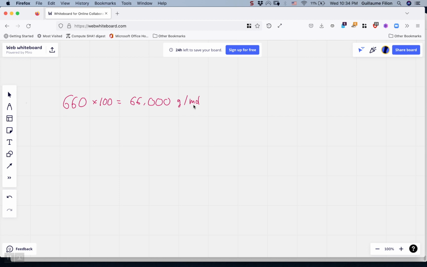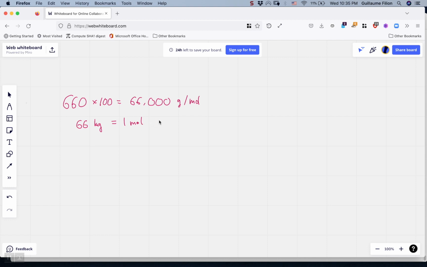Another question is, how much of that do I need to put in 1 liter of water in order to obtain a concentration of 1 mole per liter? The important thing is to realize that this above just tells us that 66 kilograms of that particular piece of DNA is equal to 1 mole.